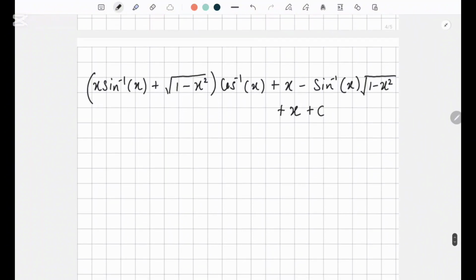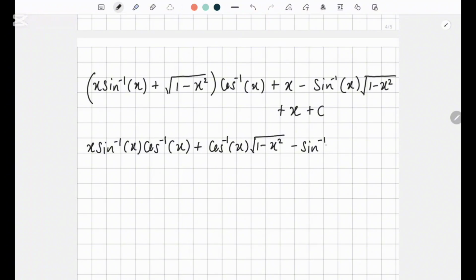So your final answer, we could simplify this further, right? We could just expand the brackets. So we have x sine inverse x cos inverse x plus cos inverse x root 1 minus x squared minus sine inverse x root 1 minus x squared plus 2x plus c.